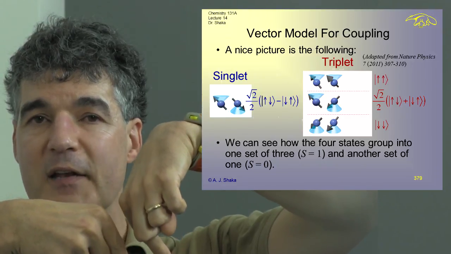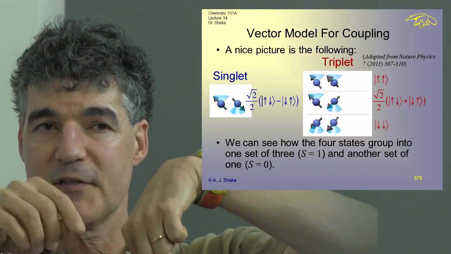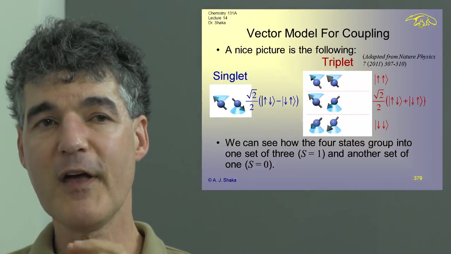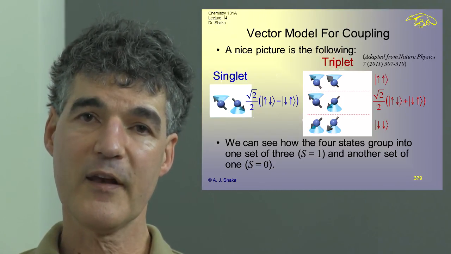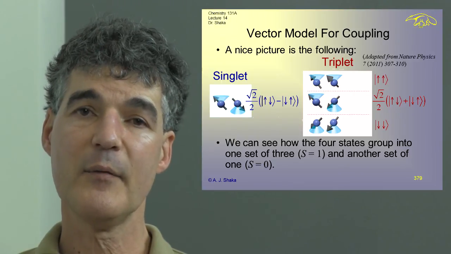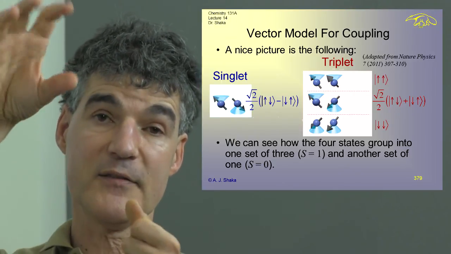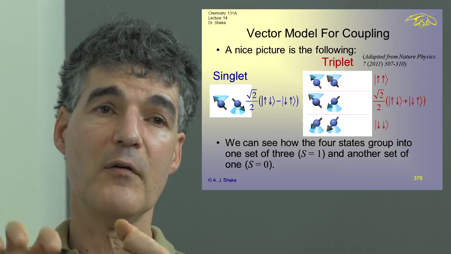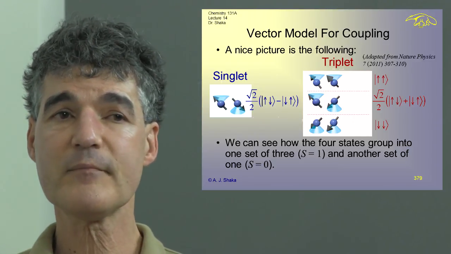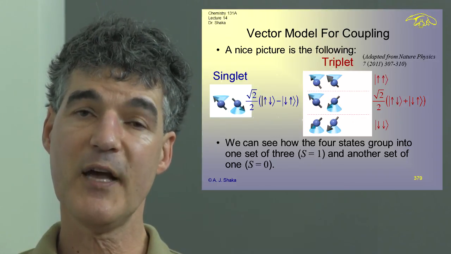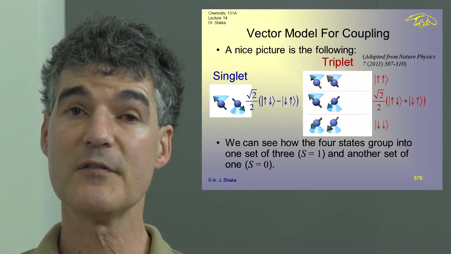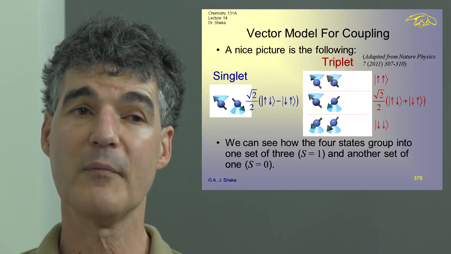That's M sub S equals minus 1. So those are the 3 values of the M quantum number that go with an S equals 1 state: M sub S equals plus 1, 0, or minus 1. And then the singlet has just M sub S equals 0, because S is 0, so that can be the only value of M sub S.